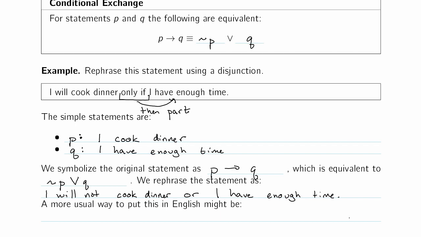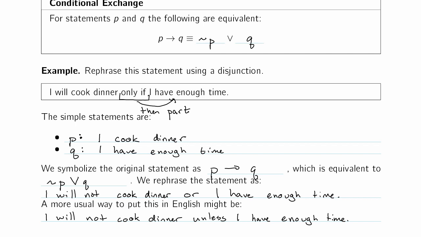The reason that using or there sounds weird in English is because the first part is what's expected to be true if we say something like this. And when the first part is expected to be true, well, then we have a different word than or that we use for the same logical structure. A more natural way to phrase this sentence in English is, I will not cook dinner unless I have enough time.